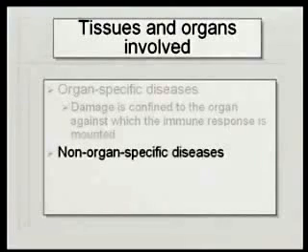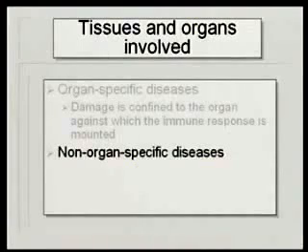In SLE, where is the damage being done? Damage is being done in the skin, erythema, but it's not the skin antigens that are responsible for that. The antibodies or immune components are not against the skin. It's anti-DNA antibodies or anti-nucleoprotein antibodies that are forming immune complexes, depositing themselves into the vasculature, microvasculature, and causing damage there.